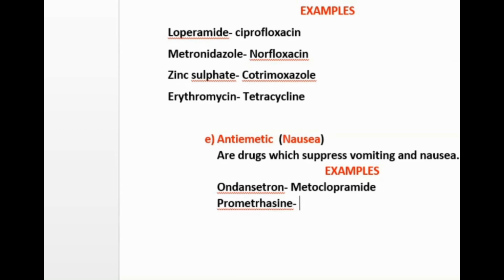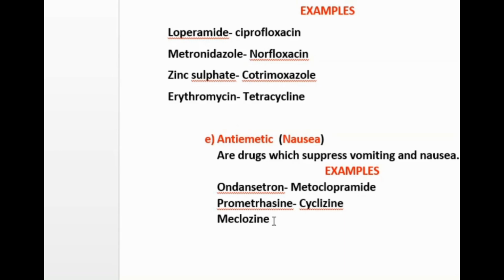The fourth is cyclizine. The fifth is meclizine. These are drugs which are used to suppress or stop vomiting and nausea.